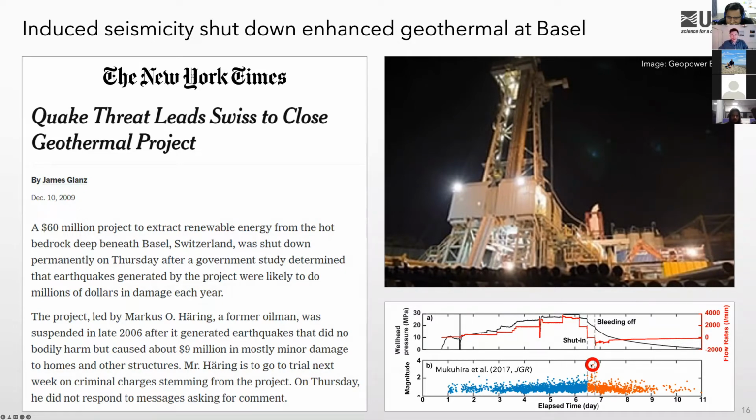And right after that, they had a magnitude 3.6, I think, earthquake, which is not a particularly large earthquake, but some places are more sensitive to seismicity than others. Basel had been destroyed a few hundred years ago by another earthquake. And as people like to say, the memory in Europe can be very long.